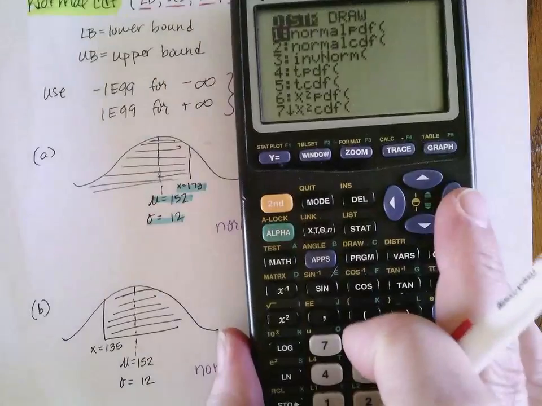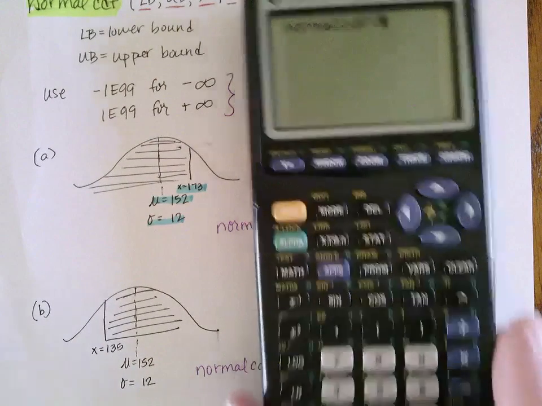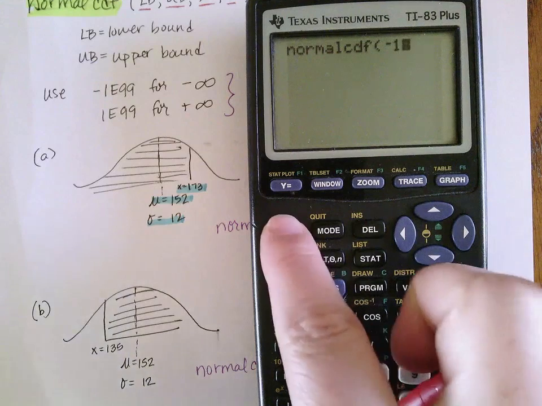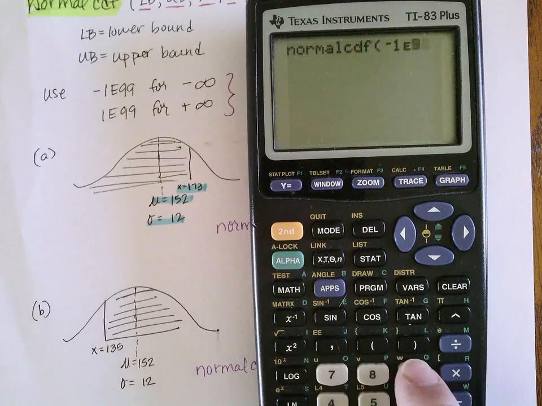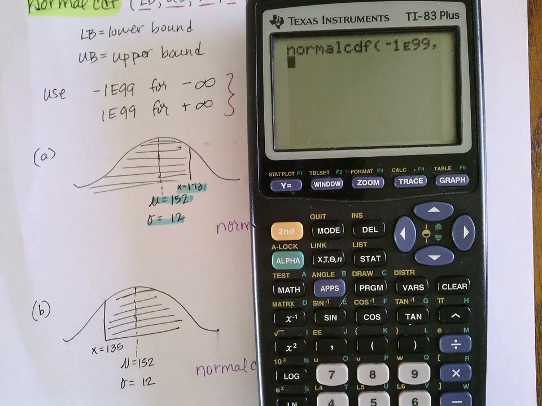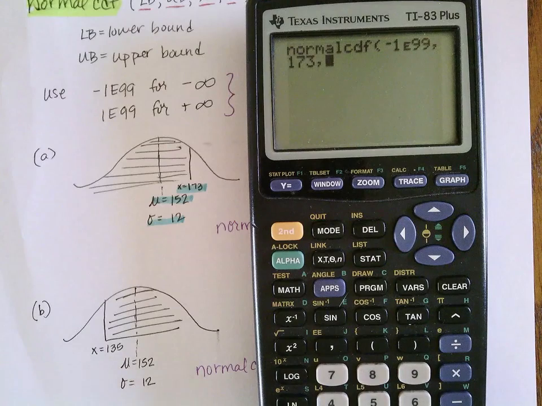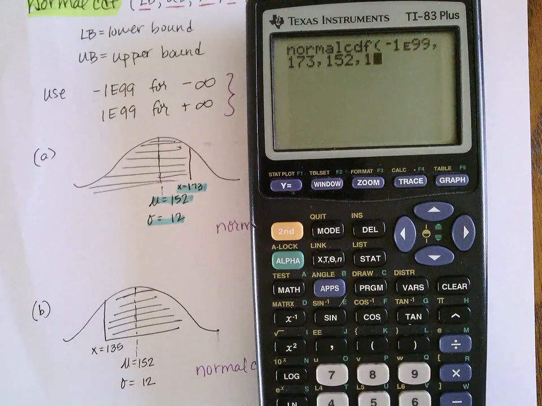So I'm choosing number 2, which is normal CDF, and I'm going to do negative infinity, so negative 1, second, comma, there's my E to the 99, so that's negative infinity, and then comma, and then my right bound, which was 173, comma, my mean, which was 152, comma, and my standard deviation, which was 12.